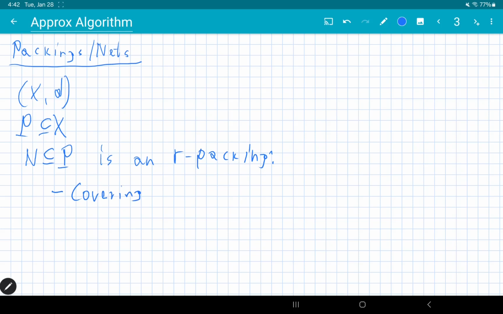Namely, for all the points p in P, we have that there exists a point v in the net such that the distance between p and v is smaller than R. Okay?